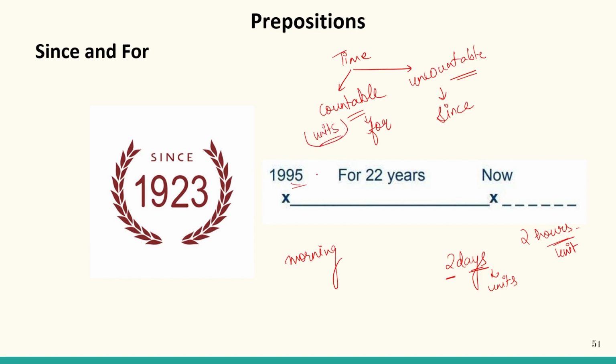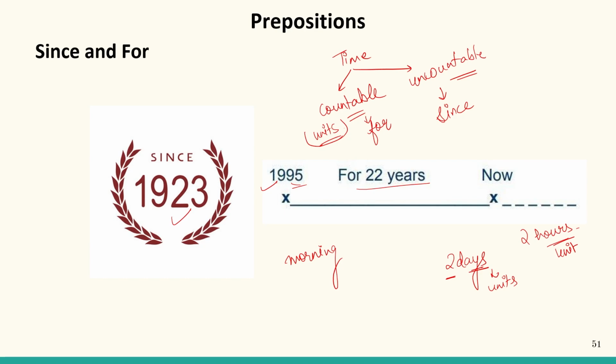Now, for a particular year, we use since. For example, since 1923, since 1995. So for some particular time, we use since, but for countable times that we can count, that have some units, we use for. For example, for a long time. We also use for with the phrase for a long time.